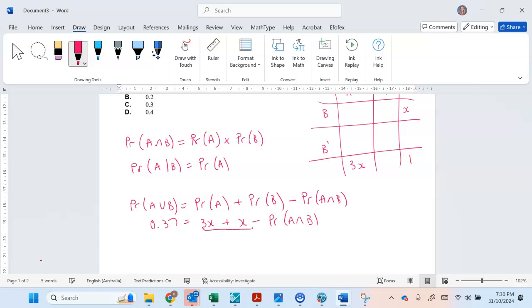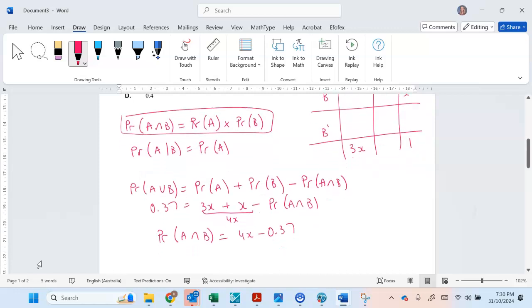So this is going to give me 4x. So the probability of A and B is equal to, just moving things around, 4x minus 0.37. Probably don't even need that two-way table. Now I can start using this.